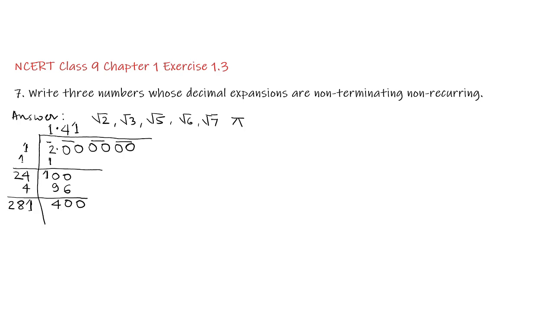So 281 times 1 is 281. On subtracting, we get 119 as the balance. Now I add 1 of the quotient to our divisor. So 281 plus 1 is 282.